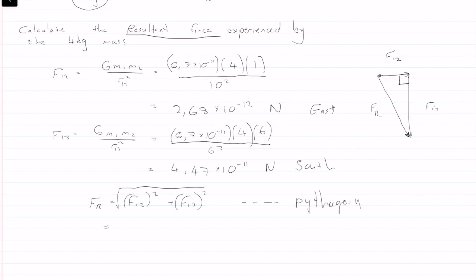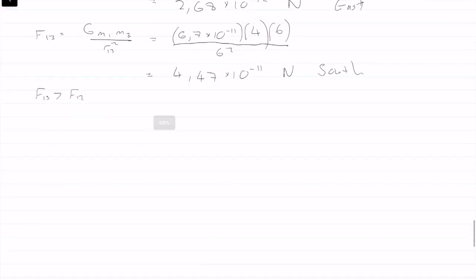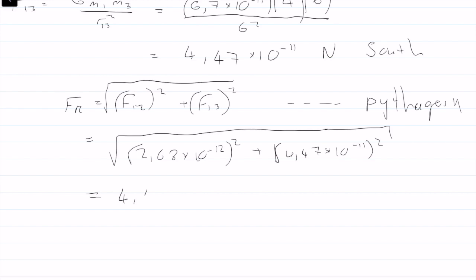It's the square root of 2.68 times 10 to the minus 12 squared, remember your brackets, plus 4.47 times 10 to the minus 11 all squared. If I plug this into my calculator, I get a resultant force of, let's say, 4.48 times 10 to the minus 11 newtons.